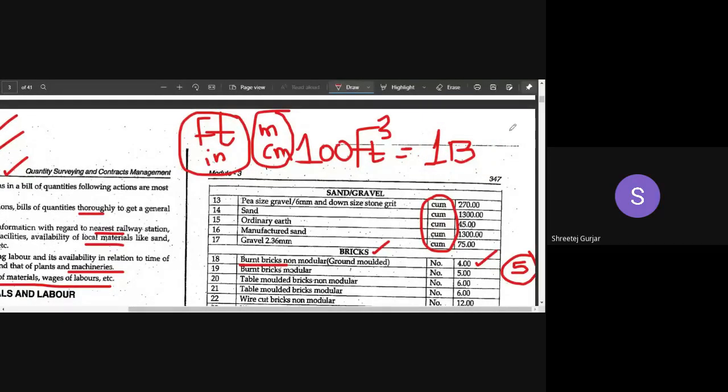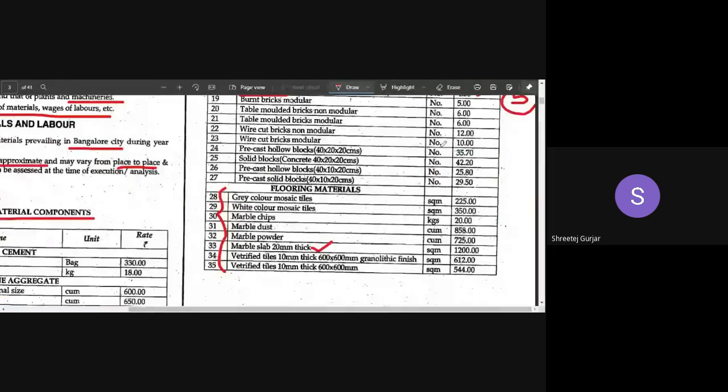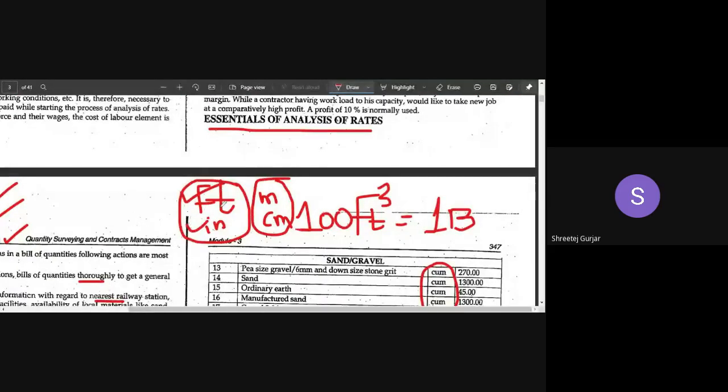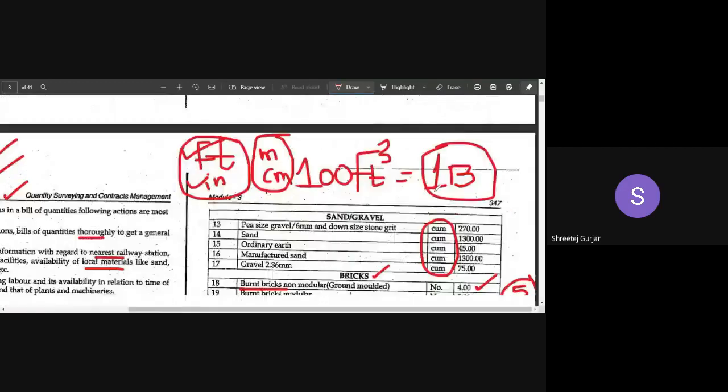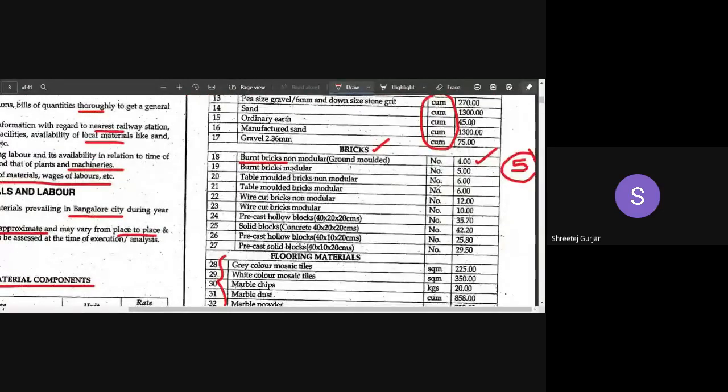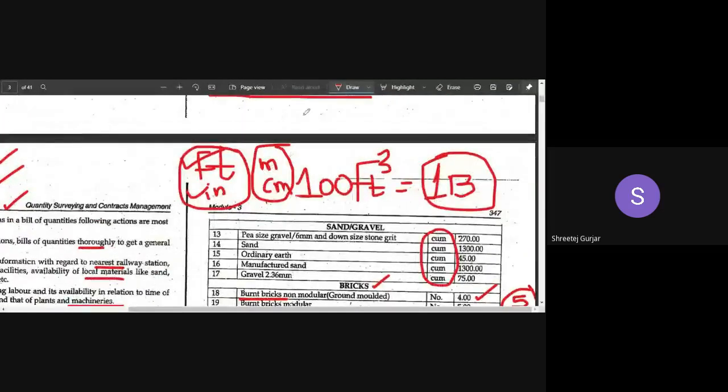Correct. Whenever you go to the field, you cannot talk in terms of cubic meters or square meters. You have to talk in terms of feet, inches, square feet, cubic feet and brass. So in exams and theory, you learn in cubic meters, in MKS units: meter, kilogram, and seconds.